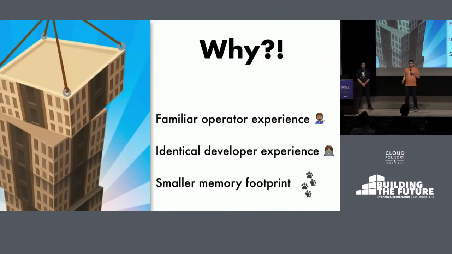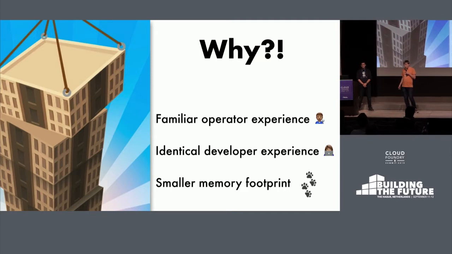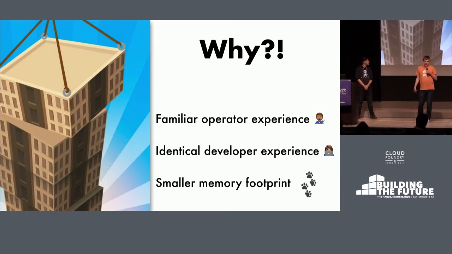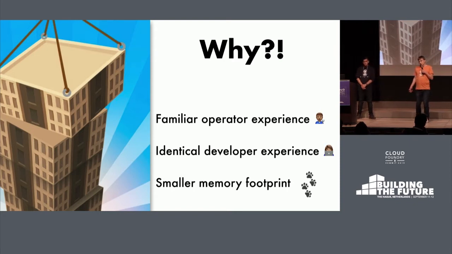So why do you want to know more about Eirini, Quarks, and Kubernetes? First of all, Quarks provides a similar operator experience, similar but not the same, and lets you deploy Cloud Foundry on Kubernetes.